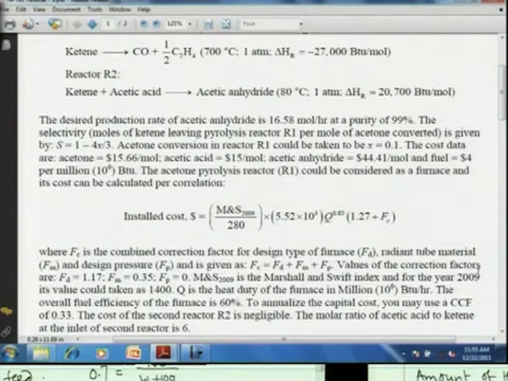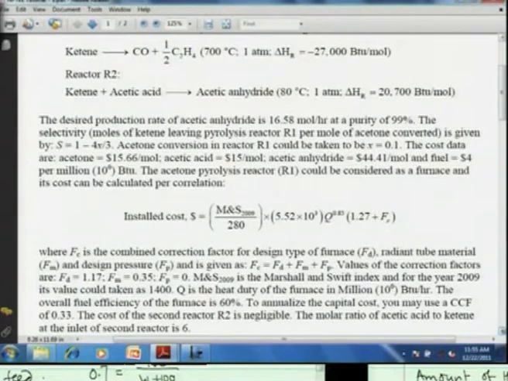The values of the correction factors are 1.17, 0.35 and 0 for FD, FM and FP respectively. I just said that the Marshall and Swift index you can take for 2009 as 1400. Q is the heat duty of the furnace in MMBTU. The overall fuel efficiency of the furnace is 60%.